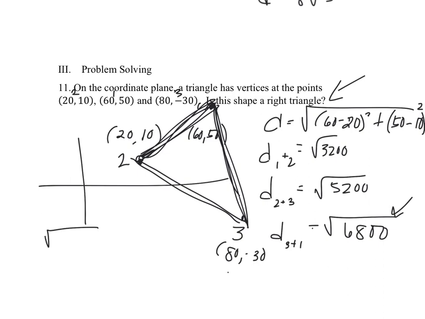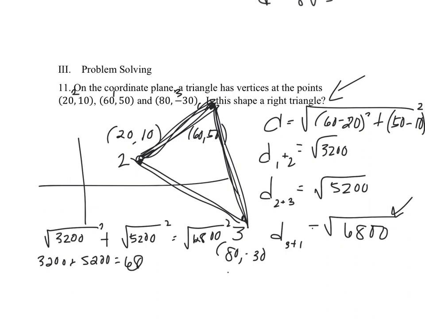So if I take the square root of 3,200 squared, so a squared plus b squared, the square root of 5,200 squared, equals c squared, the square root of 6,800 squared. Add those two values. The square root squared is going to give me 3,200 plus 5,200 equals 6,800. 3,200 plus 5,200 is 8,400.